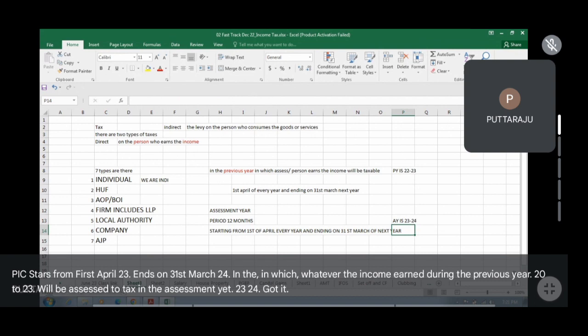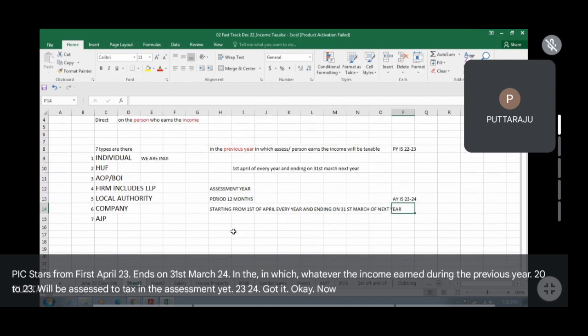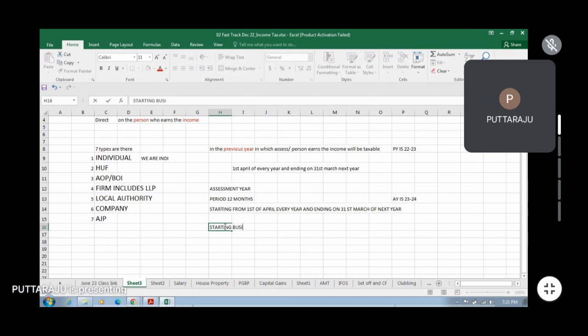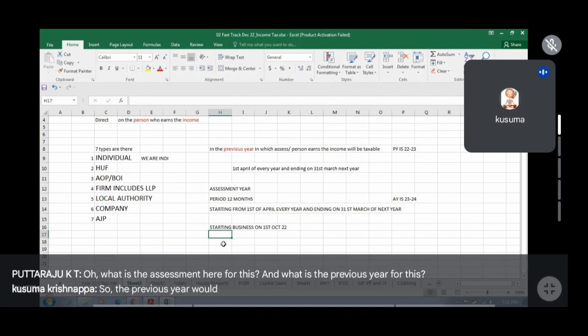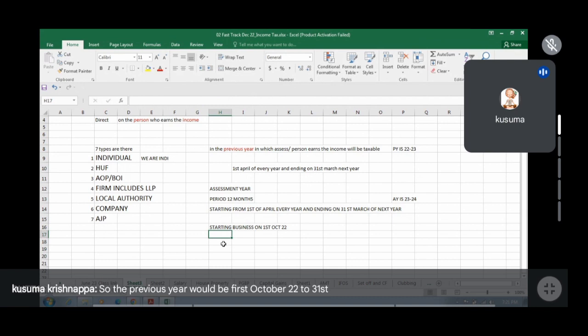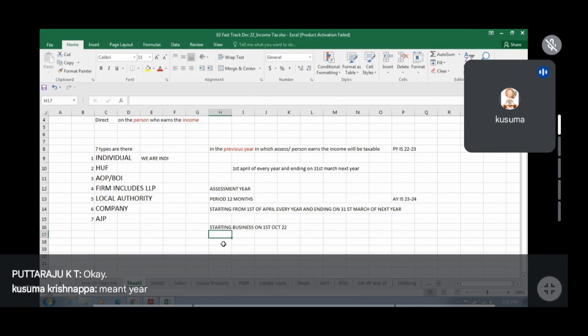Yes, sir. Okay. Now, please answer. What is the assessment year for this and what is the previous year for this? The previous year would be 1st October 22 to 31st March 2023. Okay. Assessment year would be 1st April 2023 to March 2024. Okay.